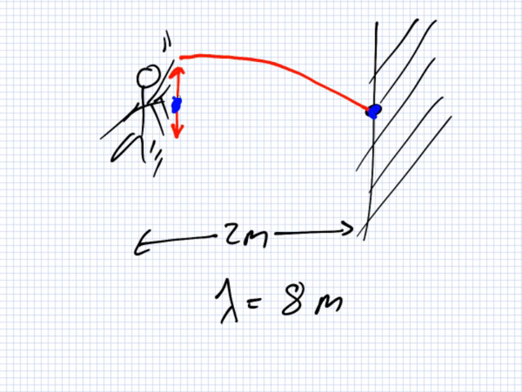So then you'll have just one hill. So then what would be the wavelength here? 4 meters. Yeah, because you would have half a wave.